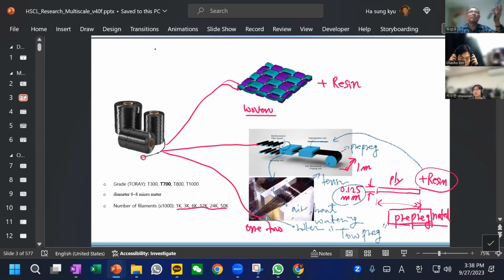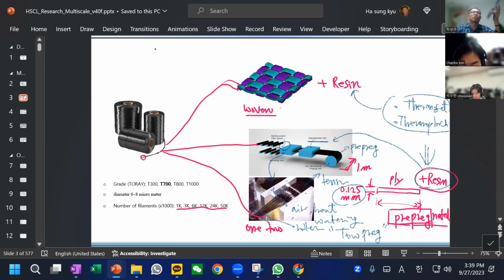Now this resin, or whatever resin, can be thermoset or thermoplastic. Very important classification of the plastics. We will certainly go to that issue. So thermoplastic or thermoset, same for here.